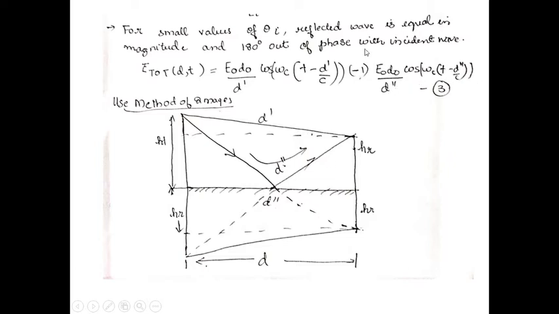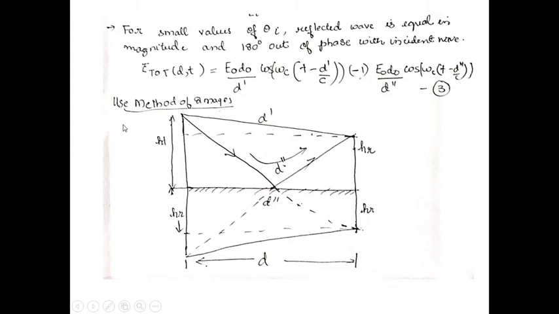Now what is our aim? We have to find the expression for the total electric field, and thereby arrive at the equation for the received power. Prior to all that, we know that in this particular case a phase difference occurs due to the path difference.